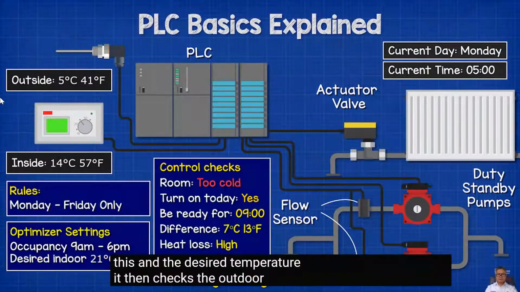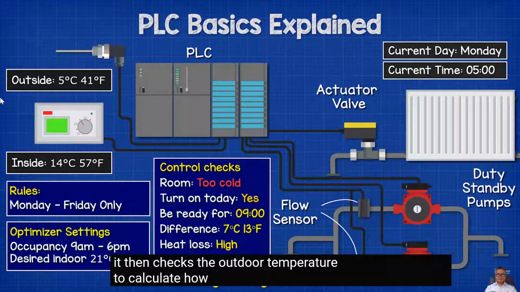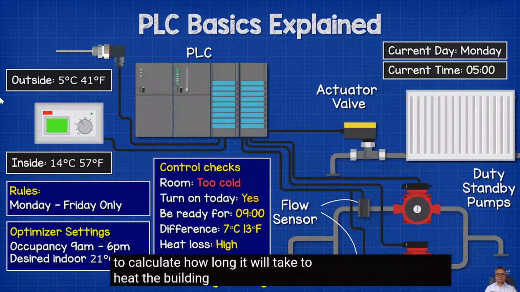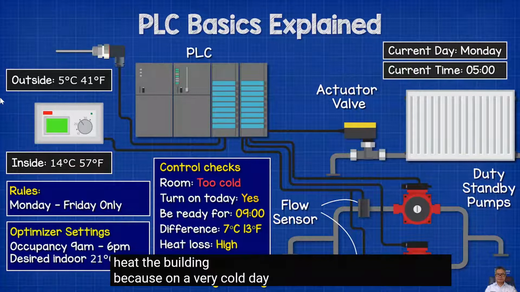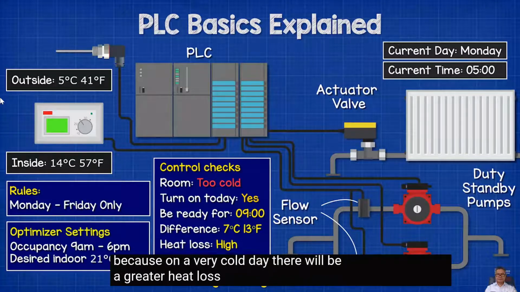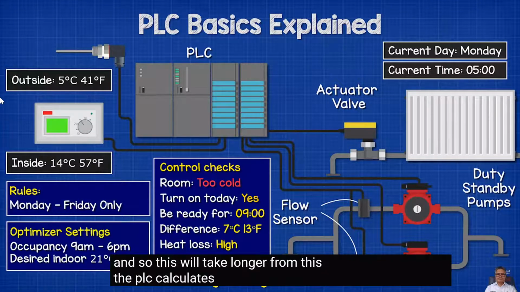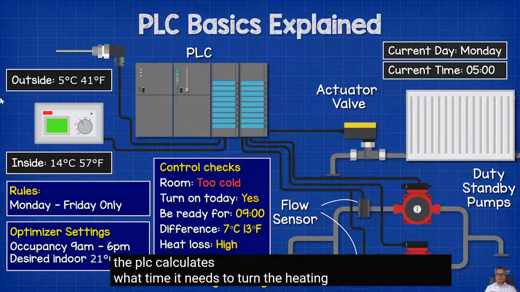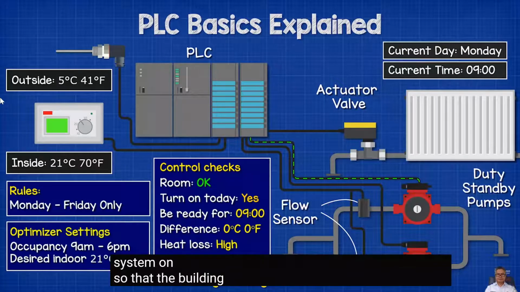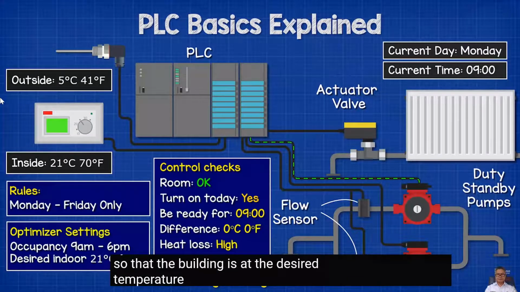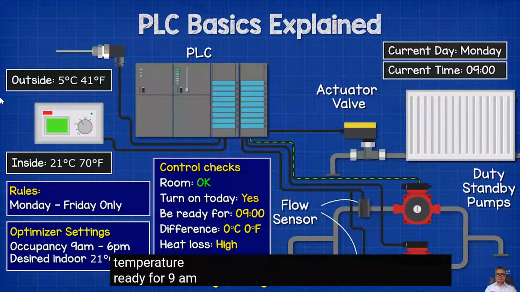It then checks the outdoor temperature to calculate how long it will take to heat the building, because on a very cold day, there will be a greater heat loss, and so this will take longer. From this, the PLC calculates what time it needs to turn the heating system on so that the building is at the desired temperature, ready for 9 a.m.